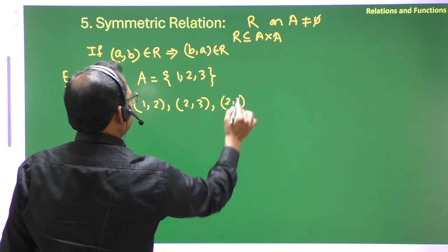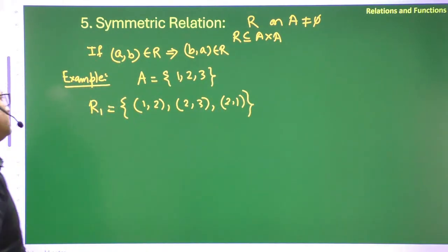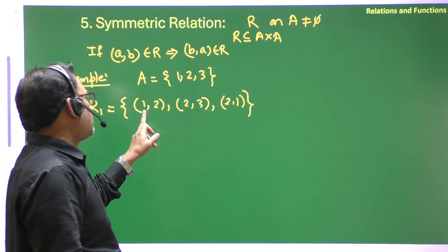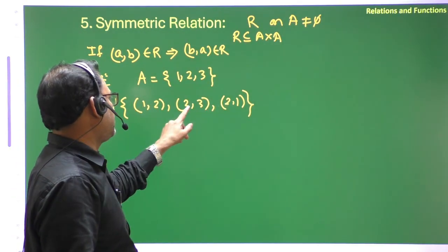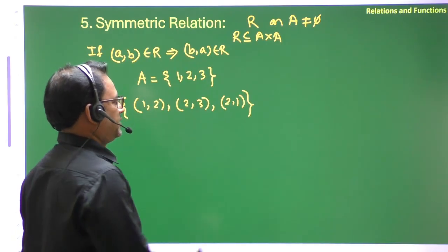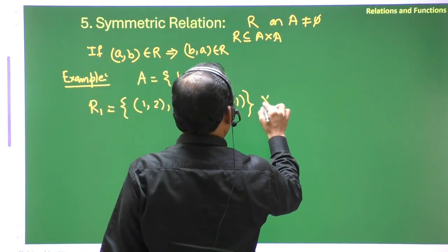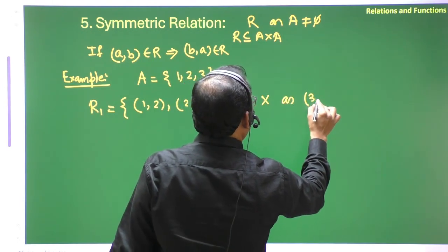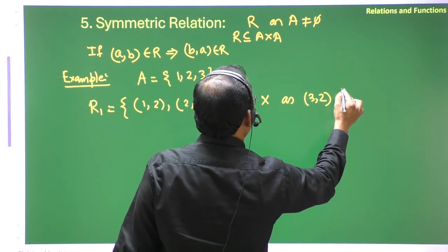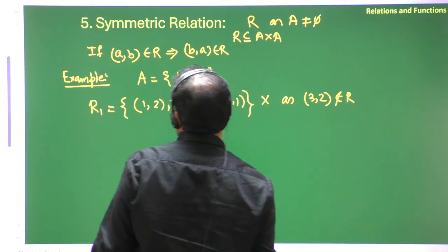My question is, is this relation a symmetric relation? Answer is no, because (1, 2) is present, so similarly (2, 1) is also present, but (2, 3) is present, (3, 2) is not present. So it is not a symmetric relation as (3, 2) does not belong to the set R.